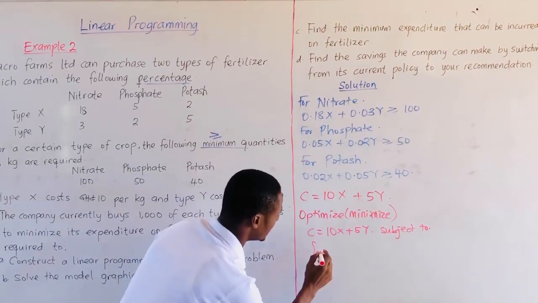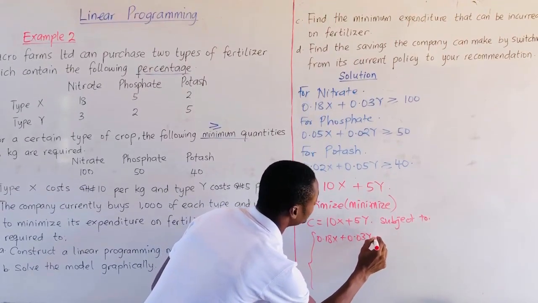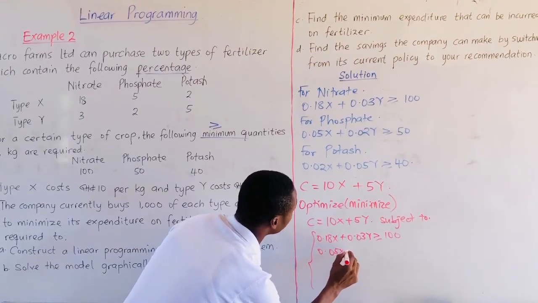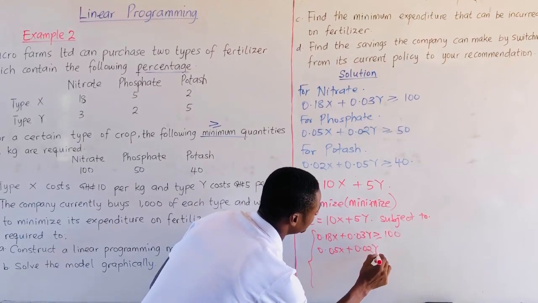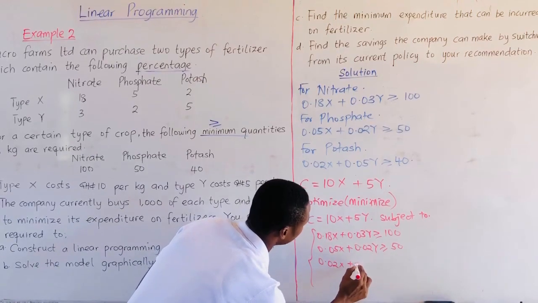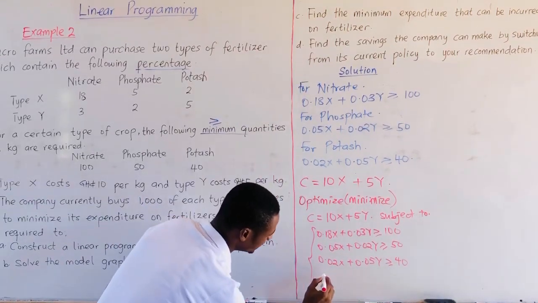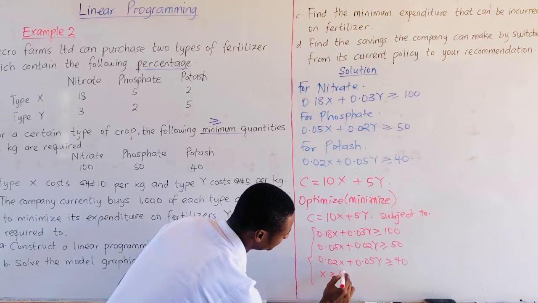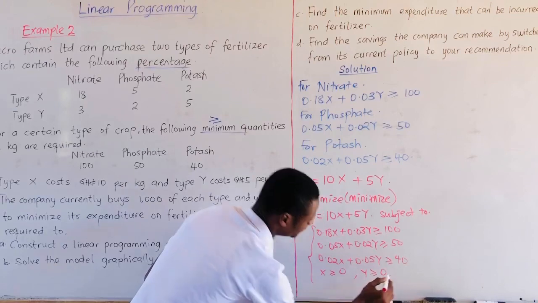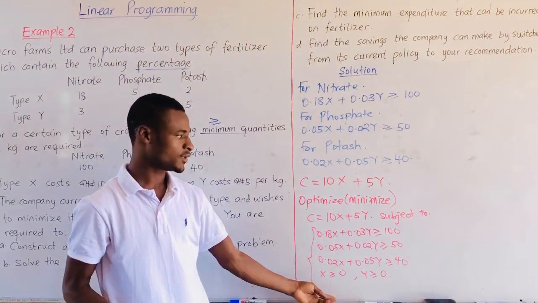And the constraints are 0.18x plus 0.03y greater than or equal to 100, 0.05x plus 0.02y greater than or equal to 50, 0.02x plus 0.05y greater than or equal to 40. Do not forget our non-negative constraints. These constraints are part of the assumptions of the linear programming model.